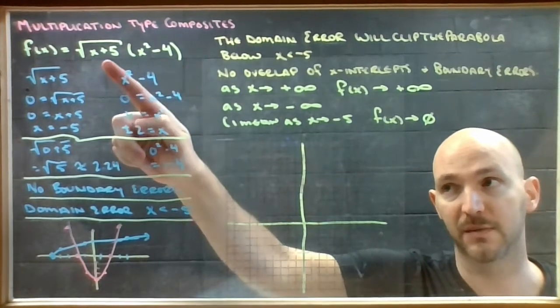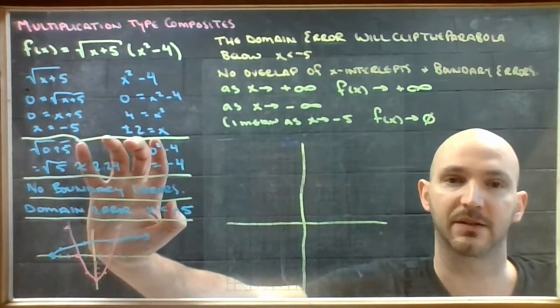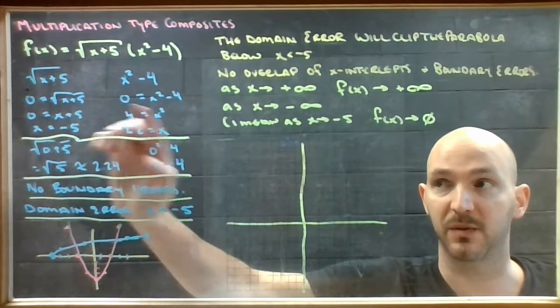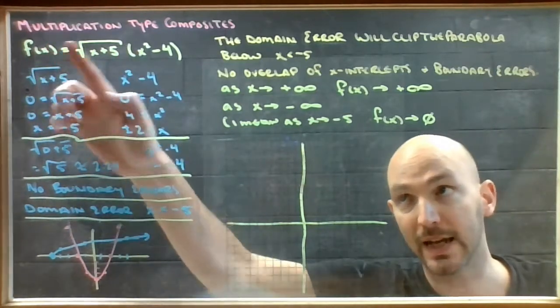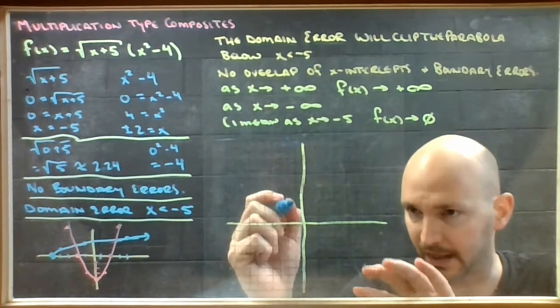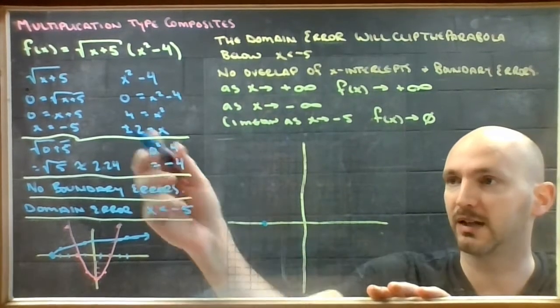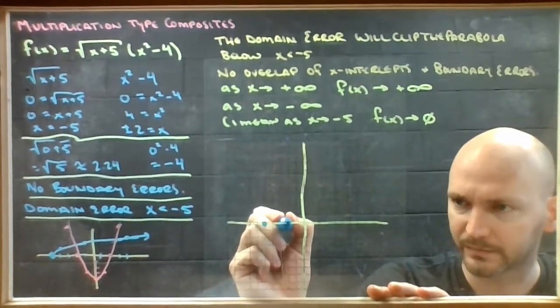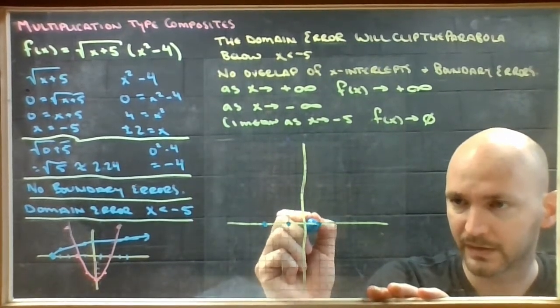Well, 0 times √3 is 0. So I'm going to take all of these x-intercepts. Every x-intercept of each piece ends up being an x-intercept of this function in a multiplication type composite. So I need one at -5. 1, 2, 3, 4, 5. I need one at -2. And I need one at +2. That's there.